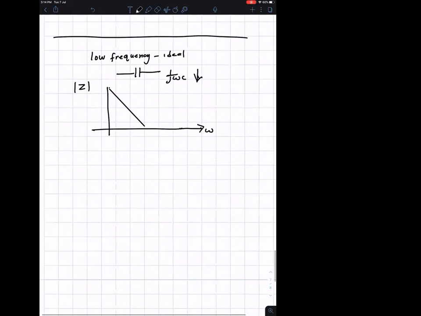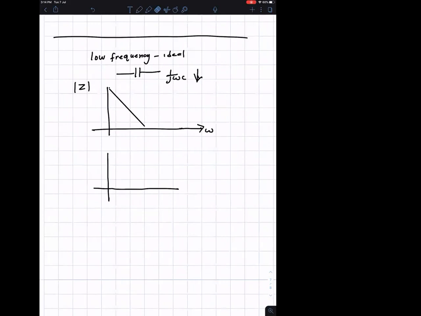But at high frequency, things change. At high frequency, again, for simplicity, I'm just showing you only simple parasitics here.